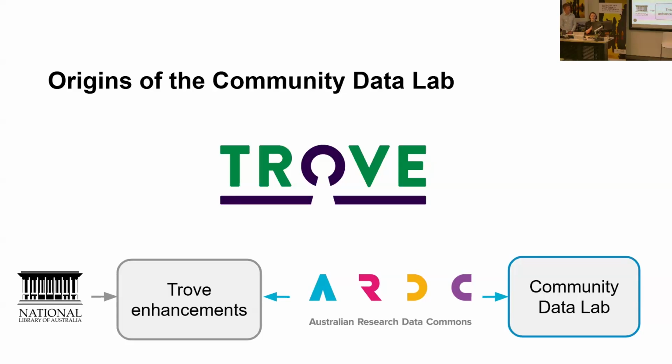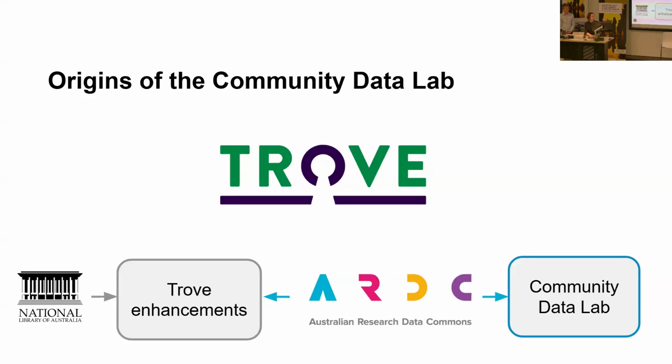One was enhancements to the Trove API, so sitting with the NLA to improve how access to Trove itself works. And the other was the Community Data Lab provided by the ARDC, which provides some of the tooling that's needed for researchers to use that data more effectively.